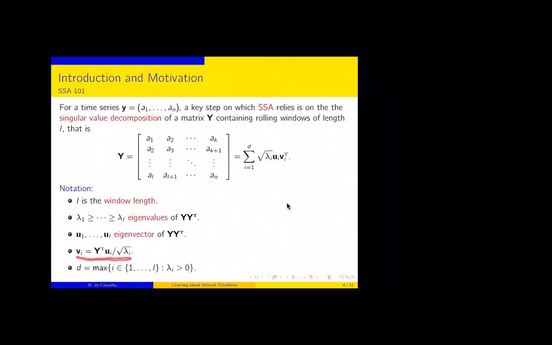Vi is defined in this way, and D is just the number of positive eigenvalues that you have. That's essentially the mechanics behind SSA. As we move along, I'll elaborate and make this a bit more precise. But these are the building blocks, the steps to get started with SSA.